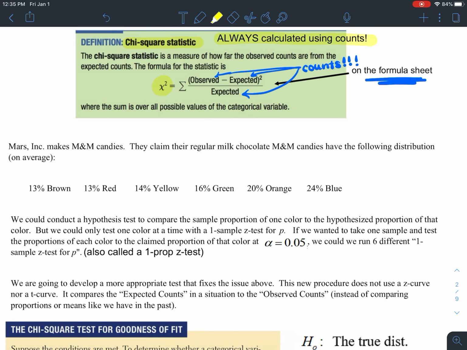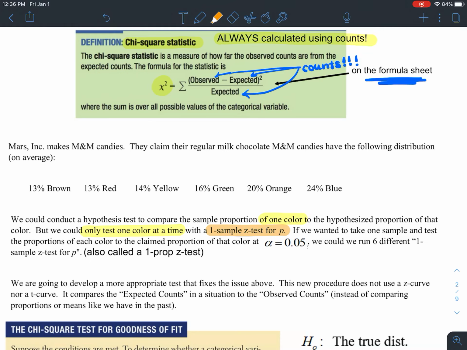Now, we could conduct a hypothesis test to compare the sample proportion of just one color to the hypothesized proportion of that particular color that you see here. But we would only be able to test one color at a time, so that would limit us to running a one sample z-test for the proportion of that one color.